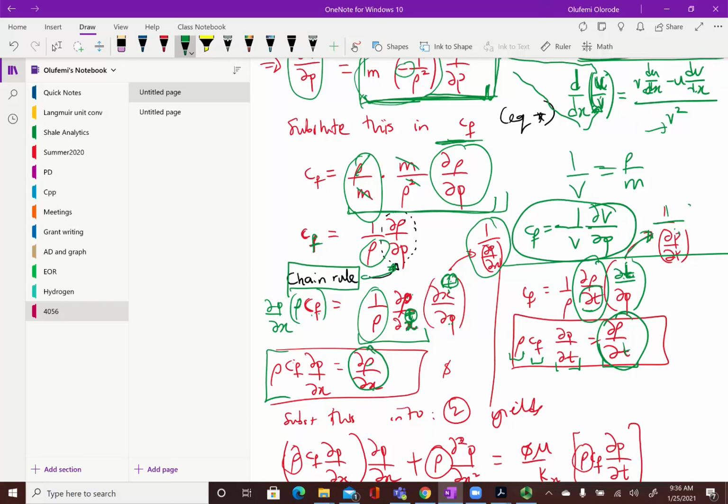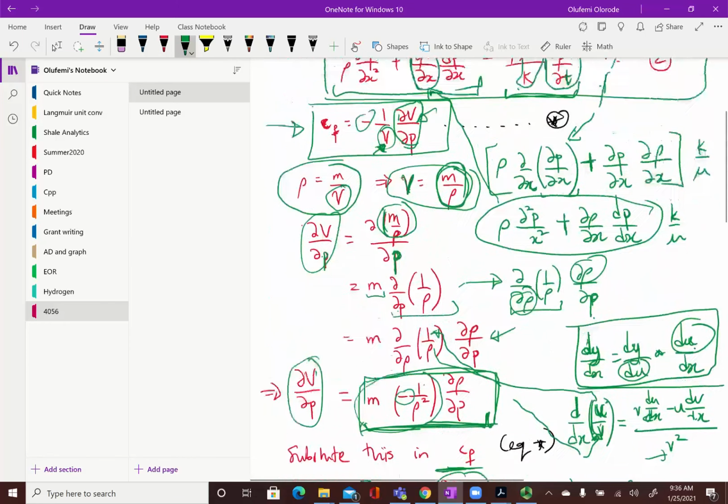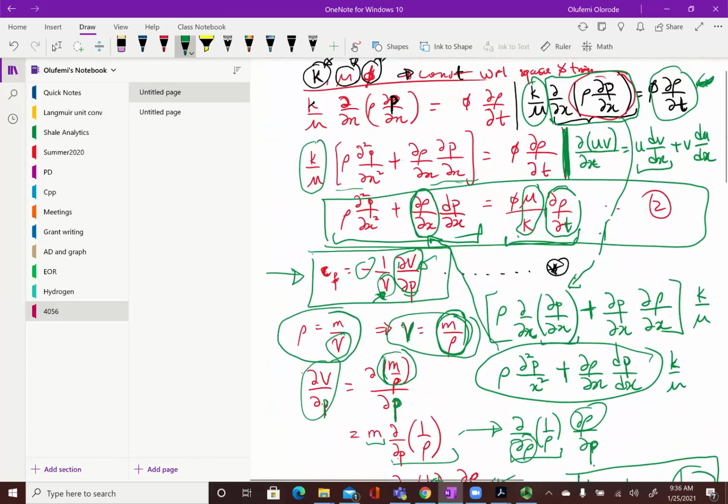These two terms show up in the governing equation, equation 2. Instead of writing the rho dt, we will write this. Instead of writing the rho dx, we will substitute this into equation 2. And for your reference, this is equation 2 once again. That's the rho dt, which we're going to replace with what we just derived.